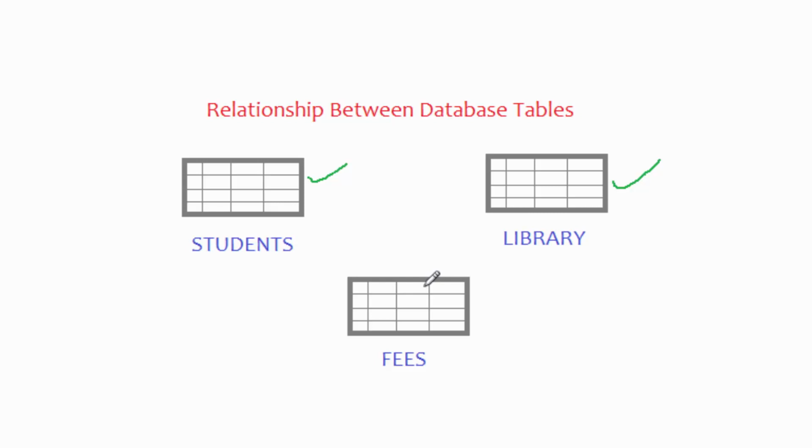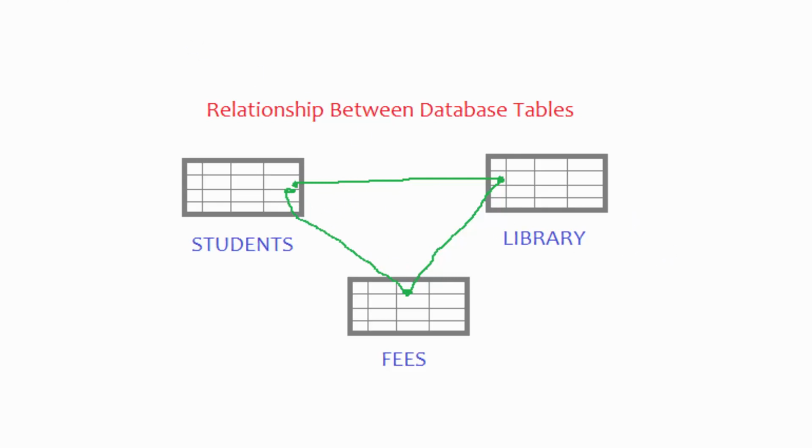Now, the challenge will be, how will that happen since these tables are independent? The solution will be to relate them or to create relationship between them. And in that case, we will have this table being linked to this table, and maybe this one fees linked to the rest.